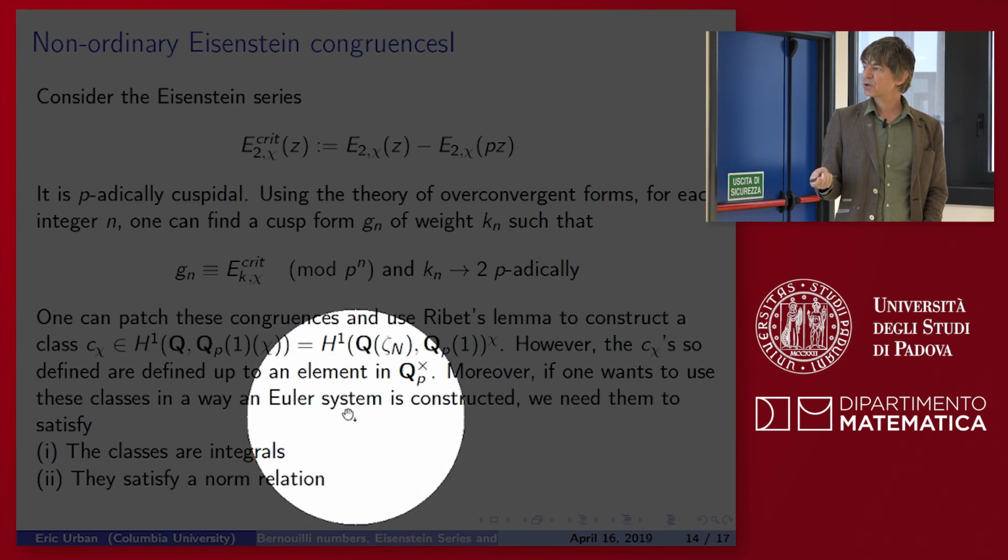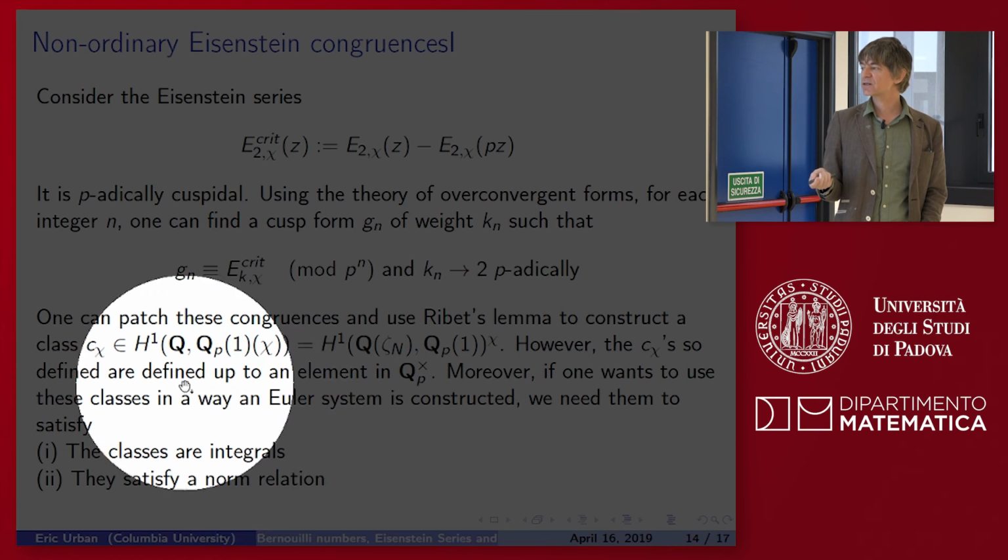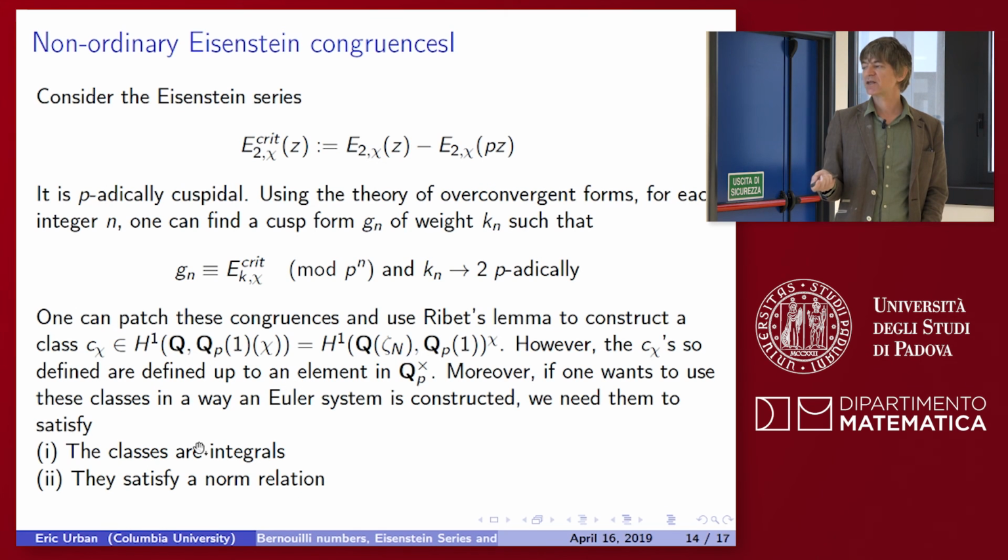But the problem is that these C chi's here are defined up to an element in Qp cross. If we want those classes to define an Euler system as before, we need to make sure that those classes are integral, and that they satisfy some norm relation.